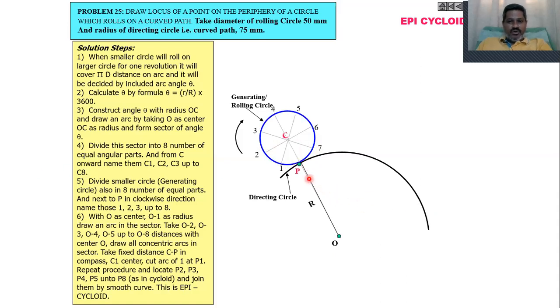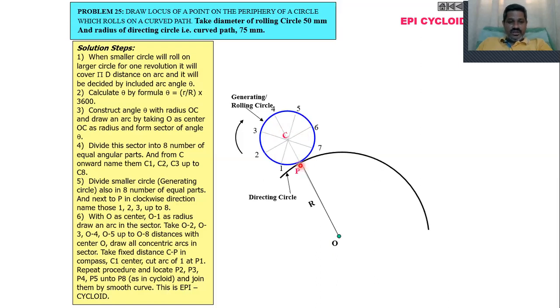Now locate the starting point on the circumference of the generating circle at the bottom of the circle. I am naming this point as P, and the divided points are named 1 to 8 like this.